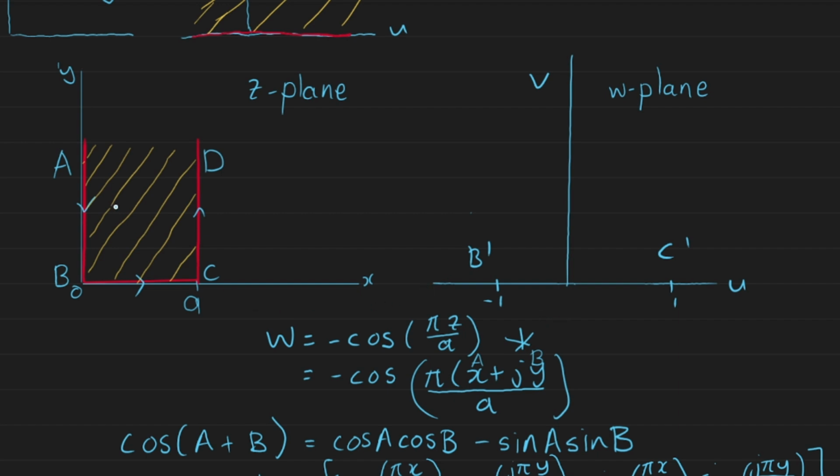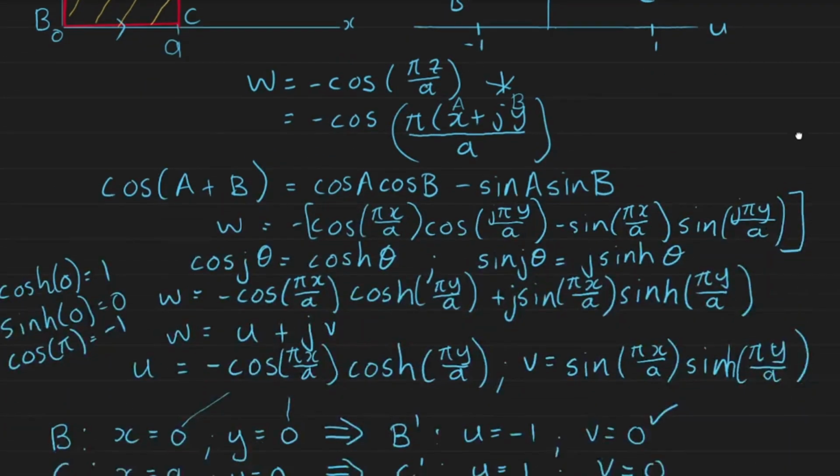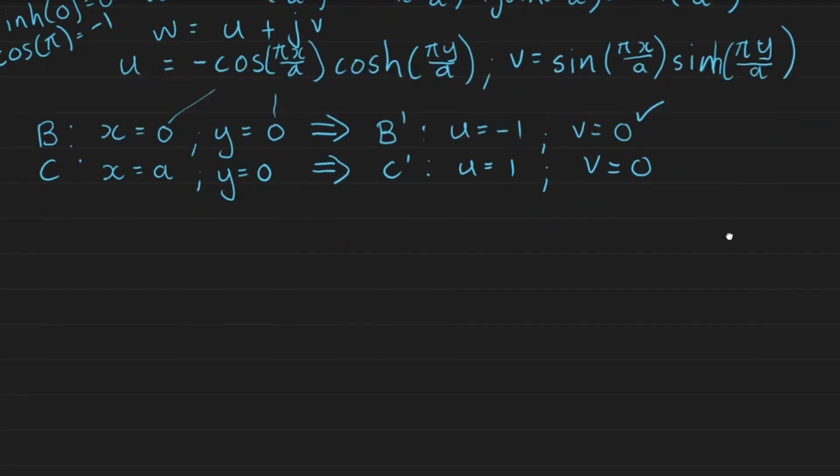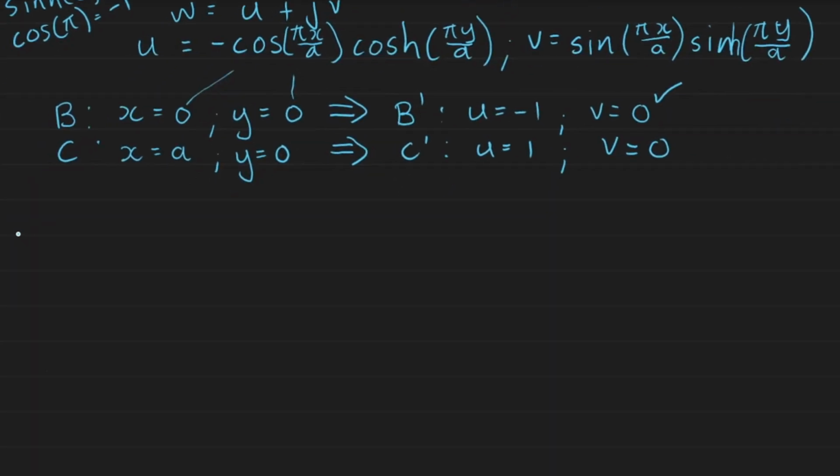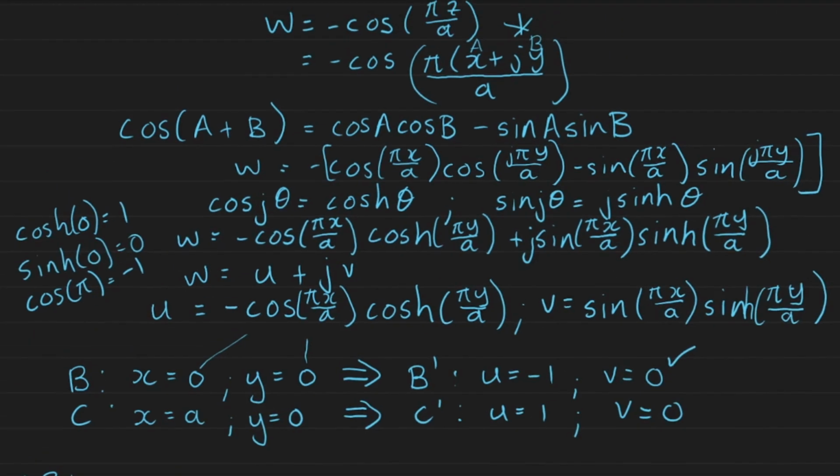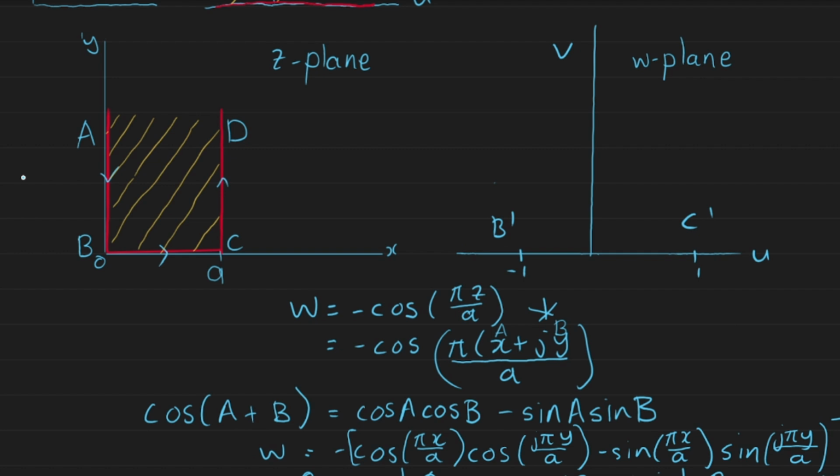So now at this point, what we need to do is map these lines, AB and DC. We can start off with AB. Let's just have a look at it again. For the line AB, we can see that x is equal to 0, and we have decreasing values of y.